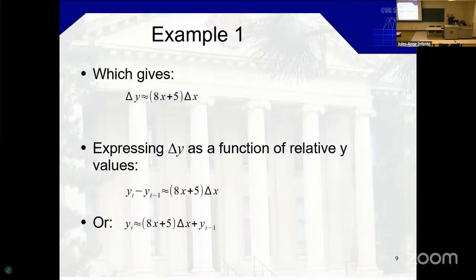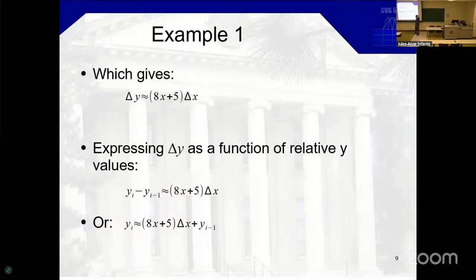And so we end up with an expression of the form, say, y_i is approximately equal to 8x plus 5 times delta x. So my next step is y_i, or I could call this y_(i+1) and this y_i, whatever.